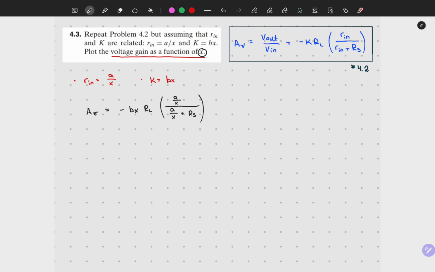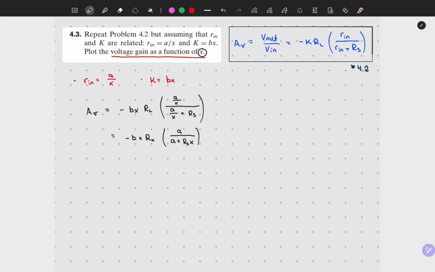If we simplify a little bit, we could rewrite this as negative BXRL. And then if we multiply everything by X, we get A over A plus RSX.